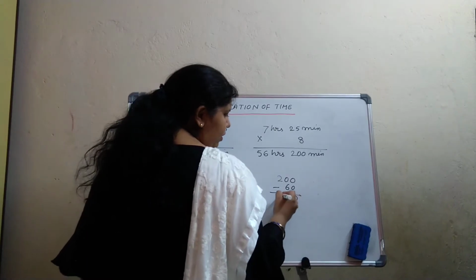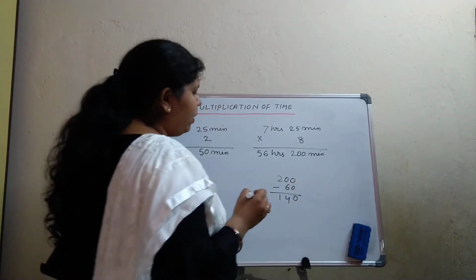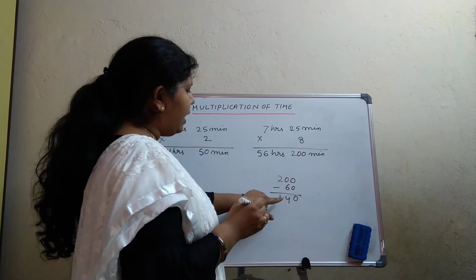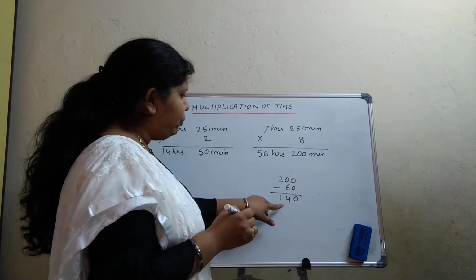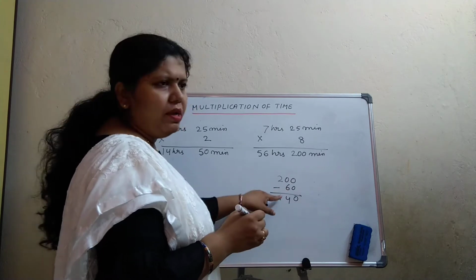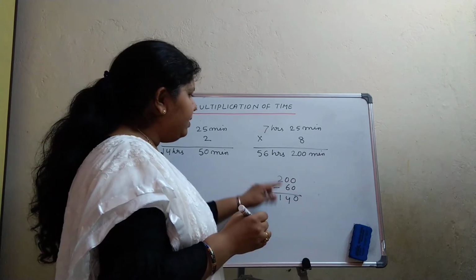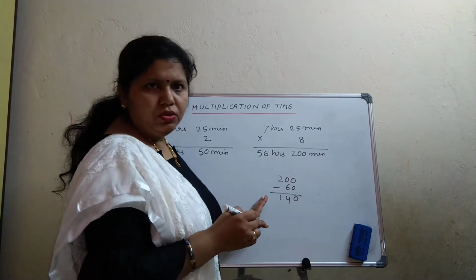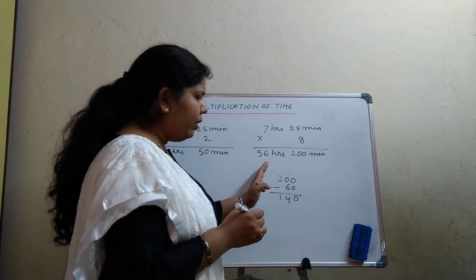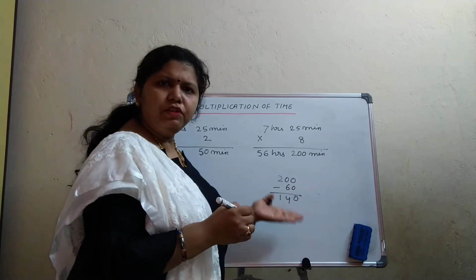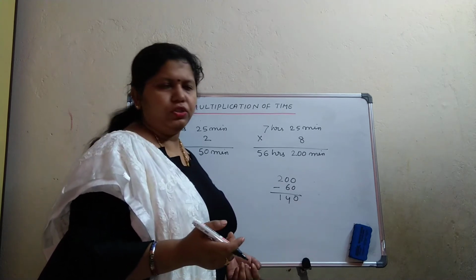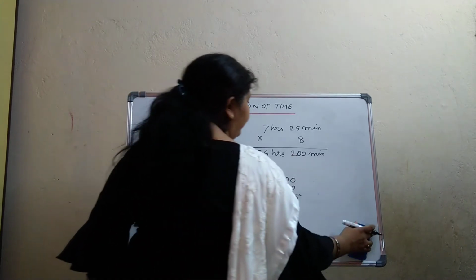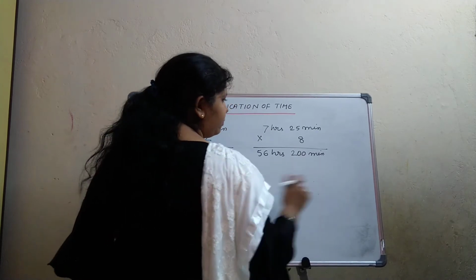I will get 140, which is again bigger than 60. So you have to subtract 60 again. This is repeated subtraction. Instead of doing repeated subtraction, we can do the division, because we all know that division is repeated subtraction. So we can divide 200 by 60.